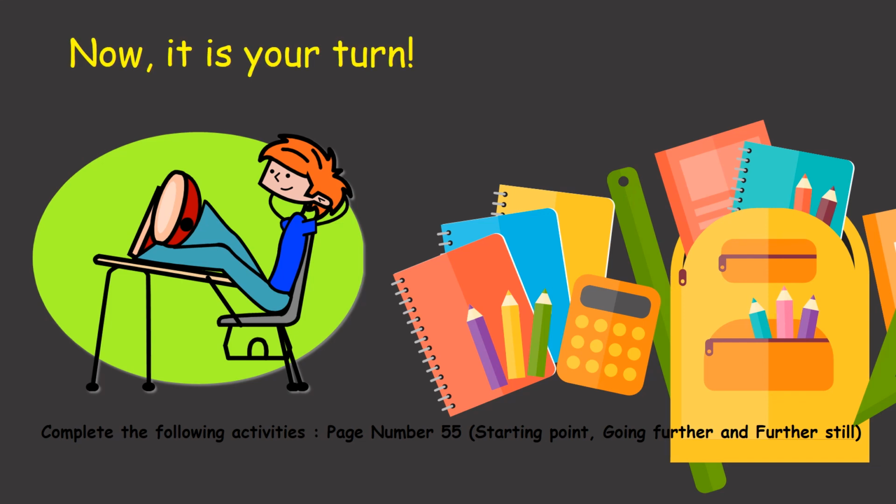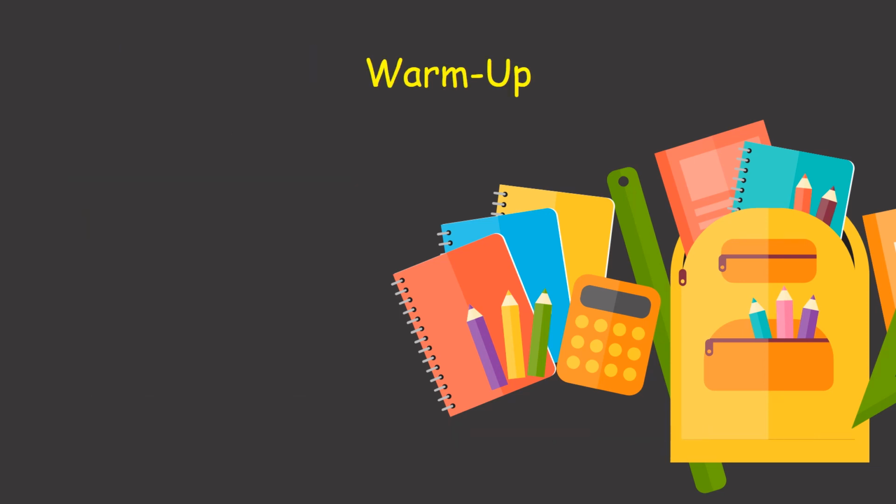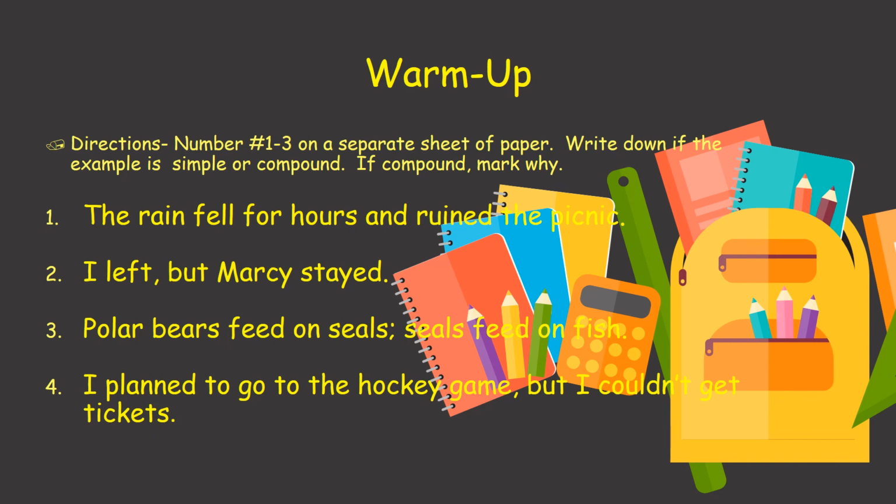Kids, now it's your turn. So you have to complete the following activities on page number 55: starting point, going further and further still. Okay children, now let's do this activity. Identify the following sentences as simple or compound. Complete this activity.